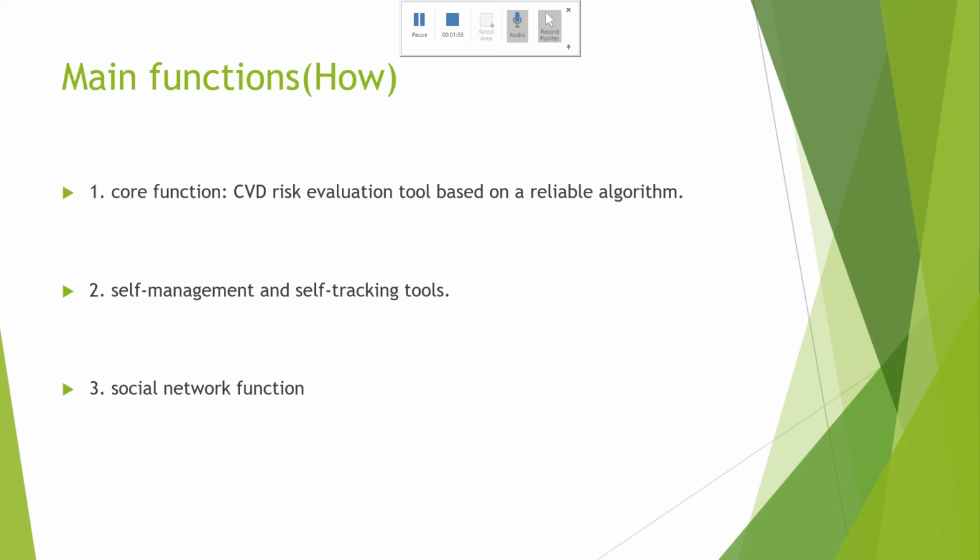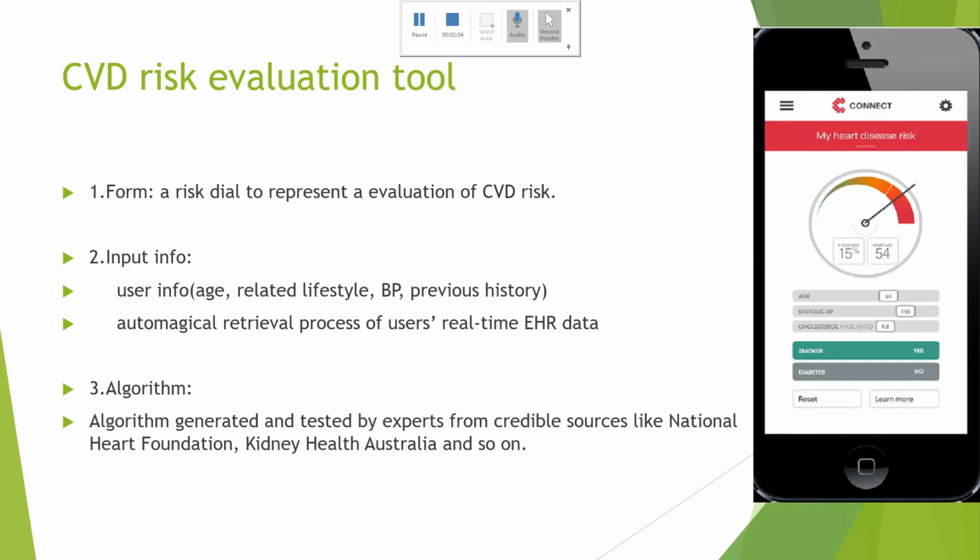So the main functions it provides can be divided into three parts. The first part, which is also the core function of this application, is the CVD risk evaluation tool. As you can see from the right side, it provides a risk dial to represent the evaluation of the CVD risk.